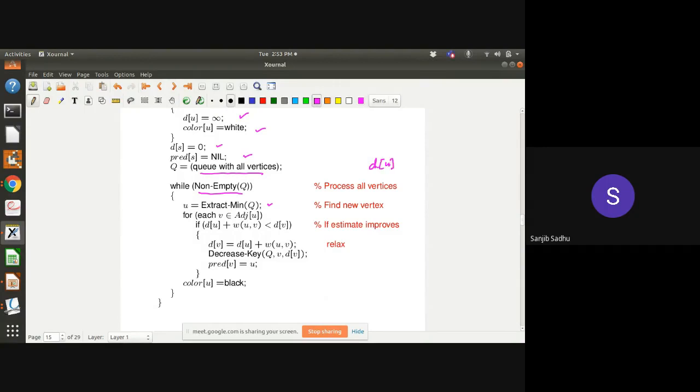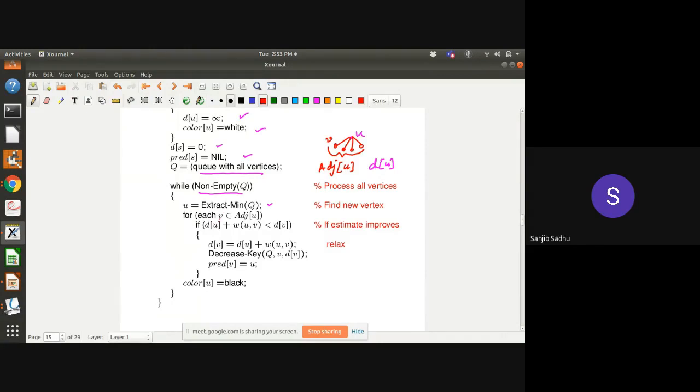All the vertices have du values, so extract minimum. Now, you have chosen a vertex u, and it has adjacent vertices. These are the adjacent vertices of u, and I am calling all of these v.